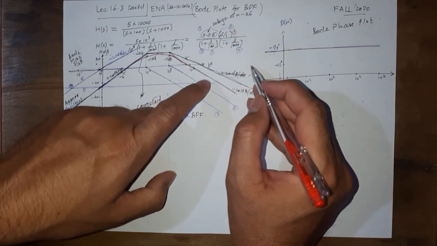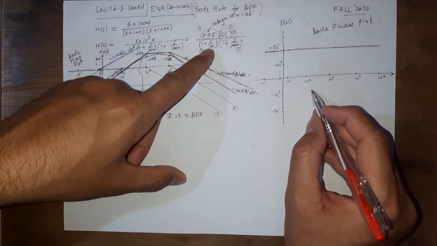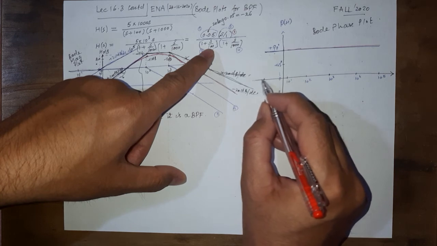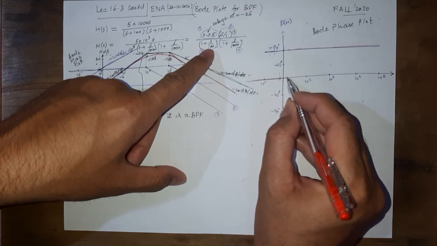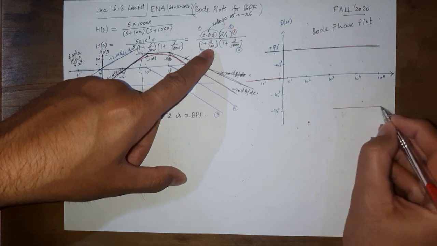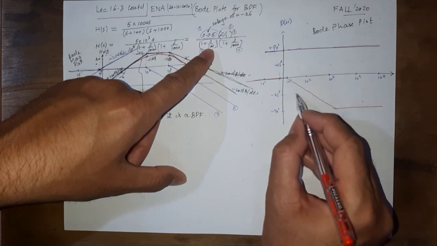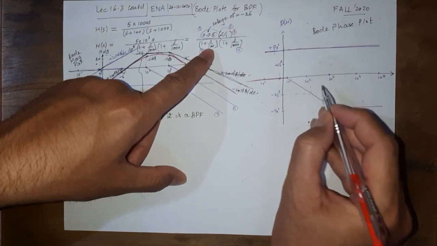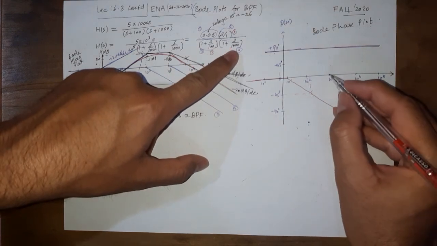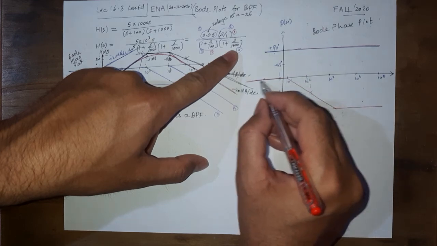The second term would be in the denominator. So the critical frequency is 10 raised to the power 2. So a decade before it, 0, after a decade, minus 90 degree after it, and a straight line here. So at this point it would be minus 45. And what about this, the 1001? Similar thing. At 1000, a decade before 1000, it will be 0.